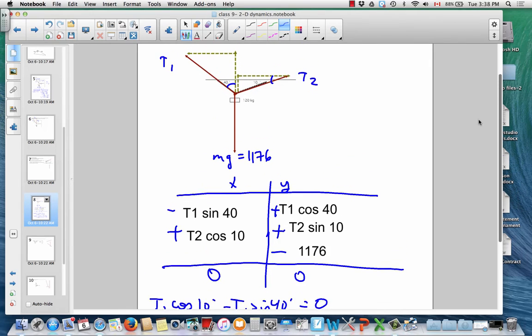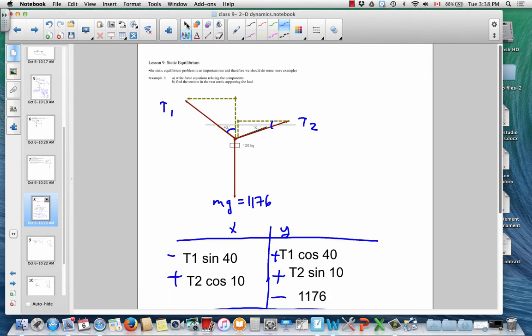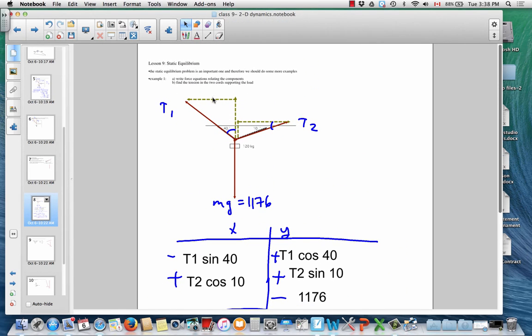So if we just flash back up there for a second, we'll see that these two x components are just equal and opposite to each other. So T1 sine 40 and T2 cos 10 have to be equal. In the y direction, these two upwards components, when added together, are exactly equal to the weight.